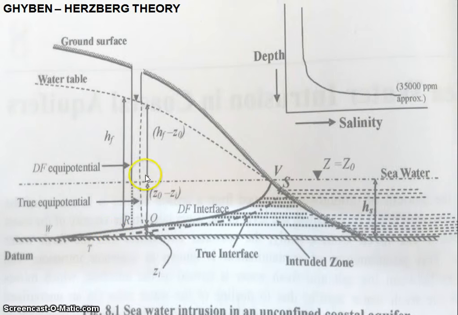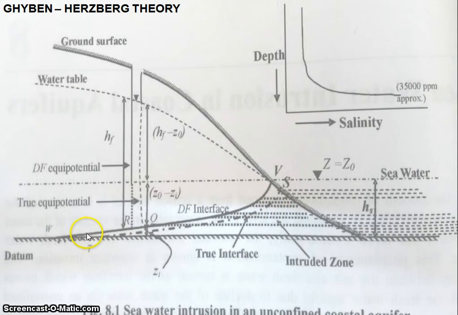This diagram shows seawater intrusion in unconfined coastal aquifers. If you see here, this is the pumping well, this surface is the ground surface, and this is the water table level. This is the Ghyben-Herzberg interface. It's a theoretical interface for seawater intrusion, and this is the true interface.